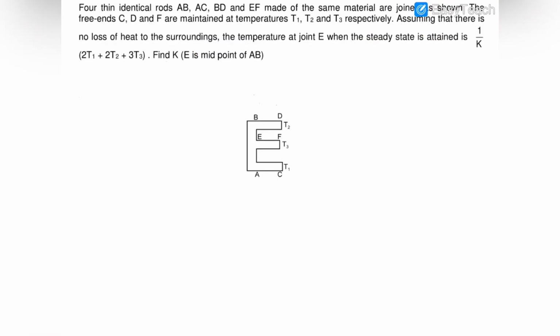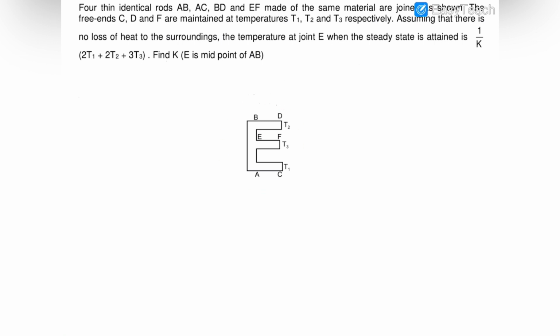In this question, you can see that there are 4 identical rods. This is AB, this is AC, this is BD, and this is EF. They are identical. And this is the midpoint of rod AB. The temperatures of these ends are shown, and there is no heat loss to the surroundings.